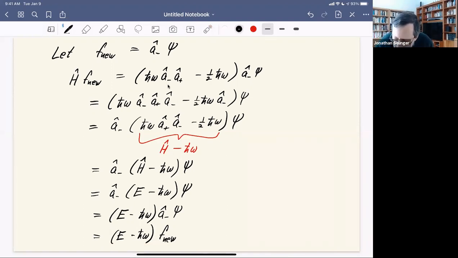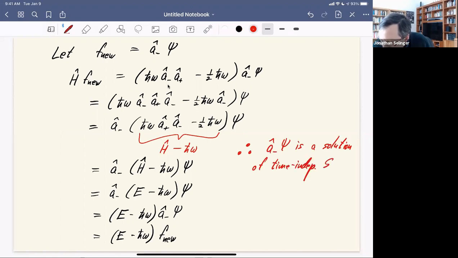Okay, so we could say, therefore, A minus psi is a solution of the time-independent Schrodinger equation with a lower energy, E minus h bar omega.